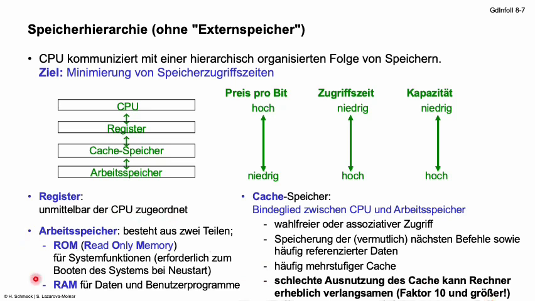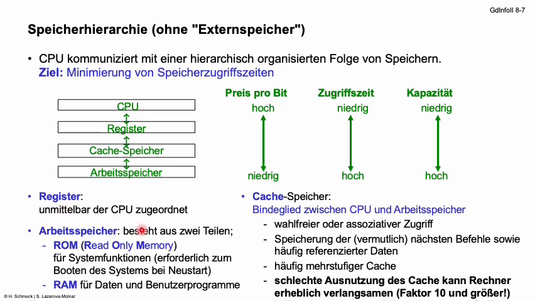The main memory then consists of two parts. One is the read-only memory, which stores system functions that are usually required for booting the system when you restart it. And then the random access memory, which contains data and the user programs.